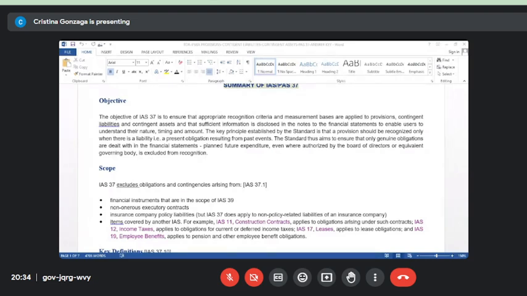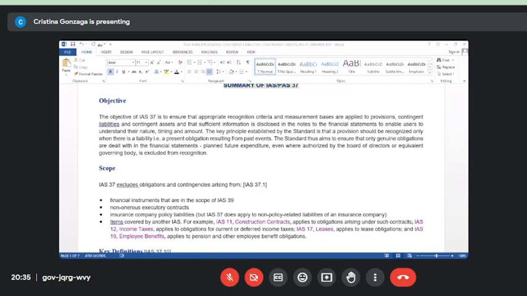Kapag contingent liability na virtually certain na, therefore, provision na siya. Ibig sabihin, pag virtually certain, sigurado. Although hindi pa nangyayari, pero nakikitang sigurado na, hindi na contingent yan. Provision na yan.